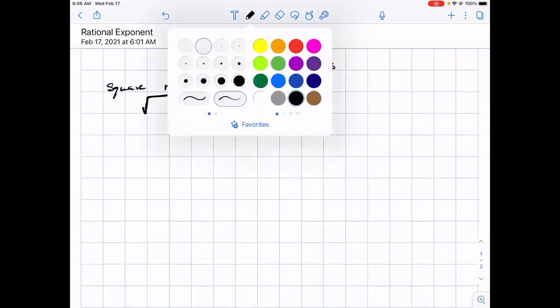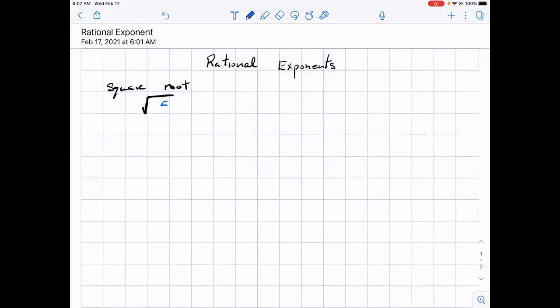So for example, if we have the square root of 5, it's called the square root here. We can also say the square root of some variable x.